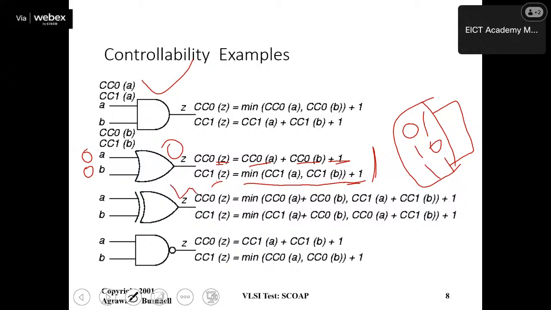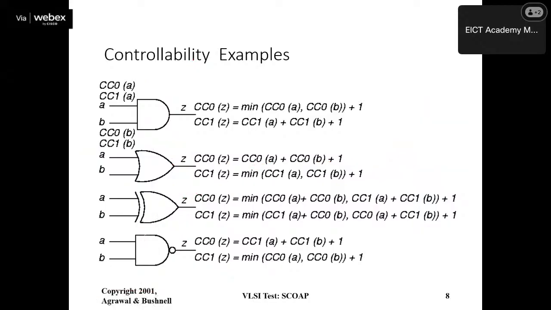XOR gate we have discussed. Let us discuss the NAND gate. For NAND gate, whatever we have for the AND gate, it will be just the reverse of that. CC0 is replaced by CC1 and CC1 is replaced by CC0. The reason being, I will have CC0 when both of the inputs are 1, 1. And this combination was giving CC1 for the AND gate.